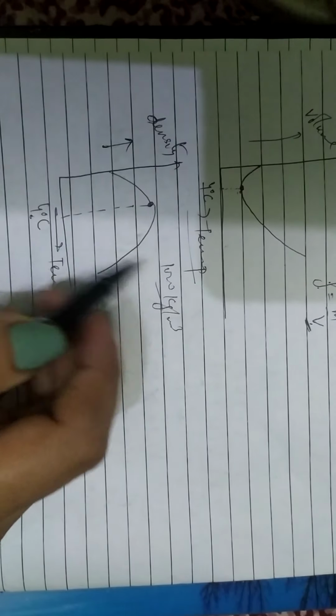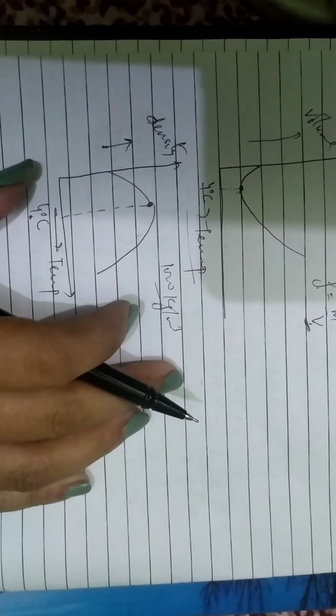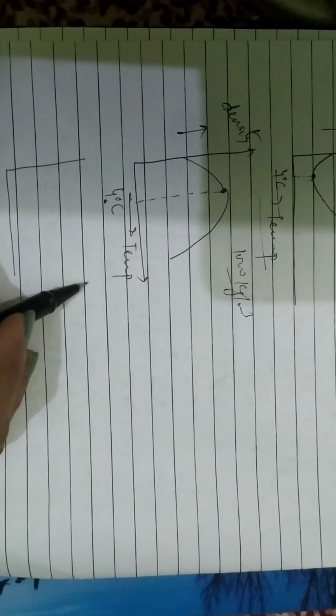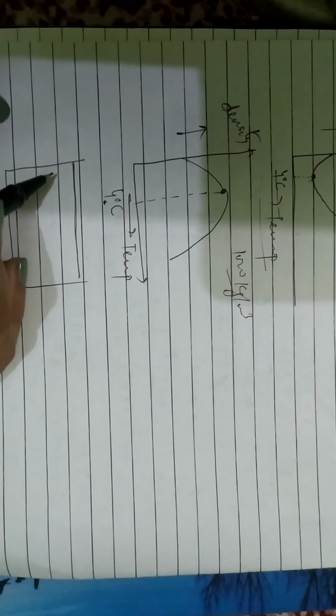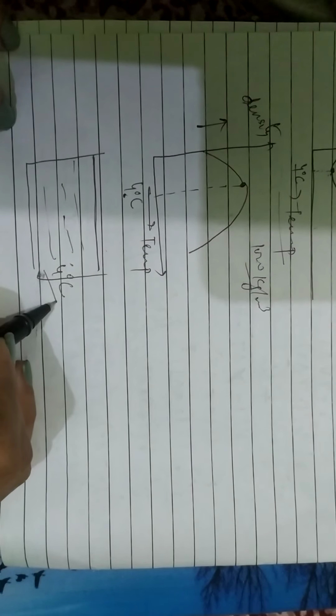This anomalous behavior of water is very useful for marine life. How? In cold regions, when water is frozen over the surface of a lake, inside that lake the temperature is maintained at 4 degrees Celsius.